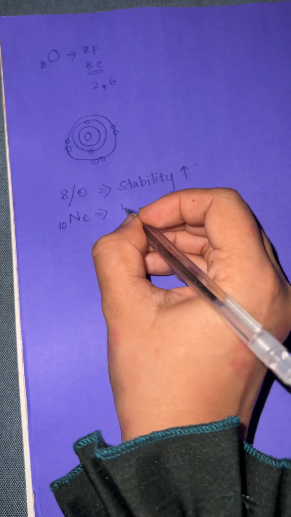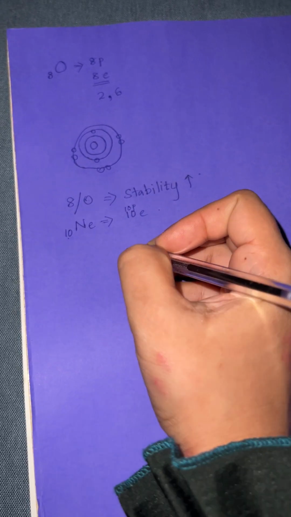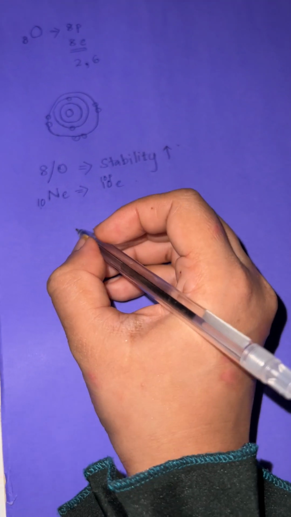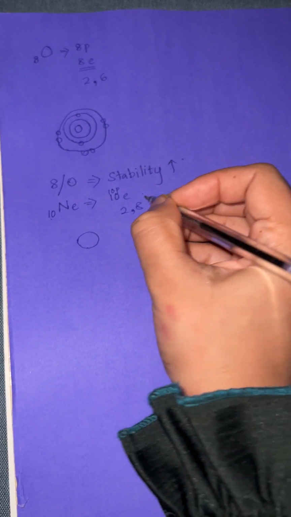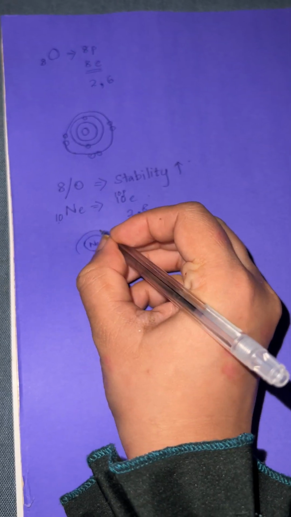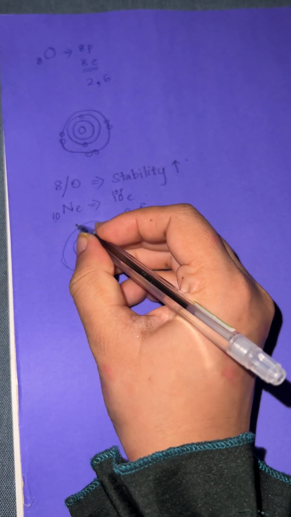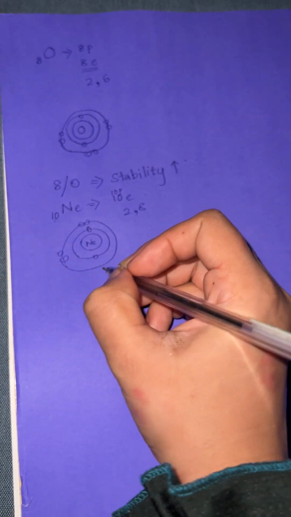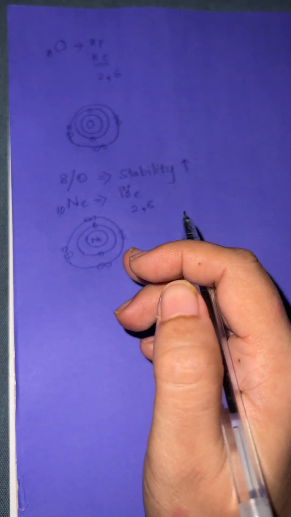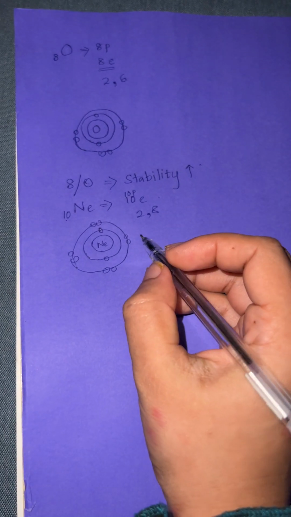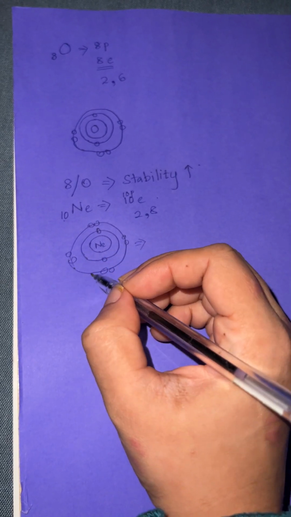So it has 10 electrons, because atomic number is equal to the proton number, which is equal to the electron number. So we can draw neon as 2 and 8. If you see, the second layer of this group is always filled to the maximum. So we call them inert. They are very stable and hold up to the maximum. Inert gases are very stable.